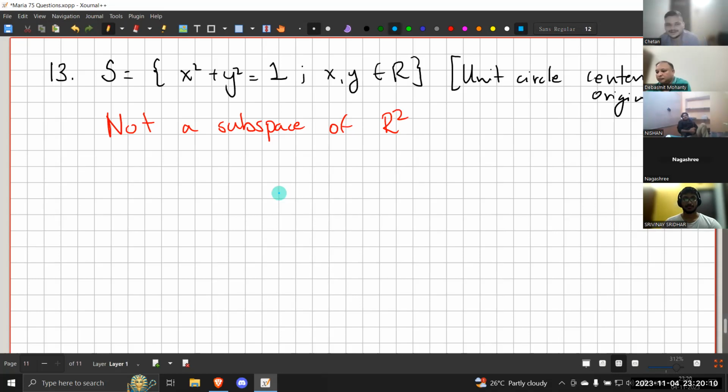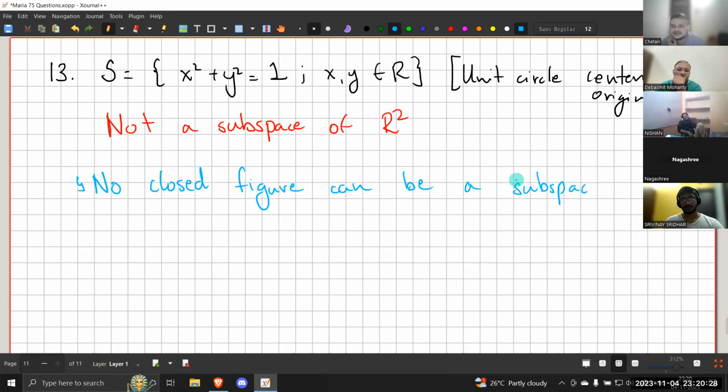R3, R4 up to Rn. Can anyone tell me what are the possible subspaces of R2? Guys, Praneeth, Nagashri, Chitturaya, Bharat, Anurag. Linear combination of (0, 1) and (1, 0).